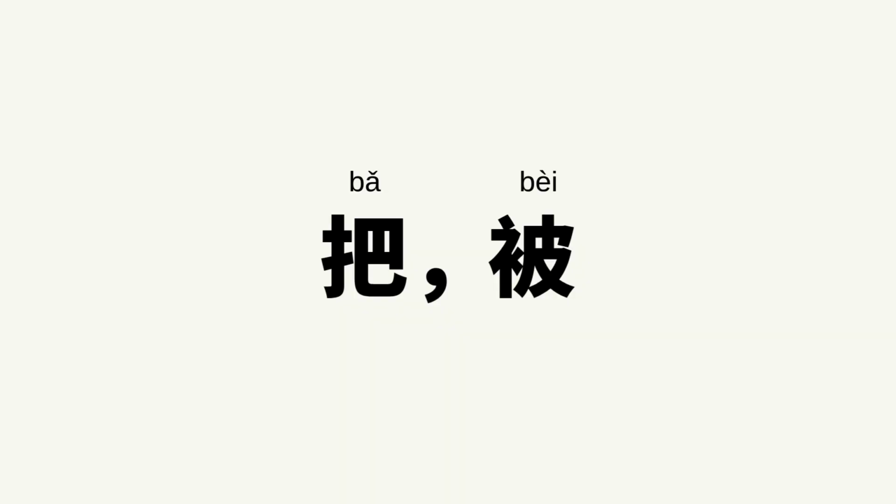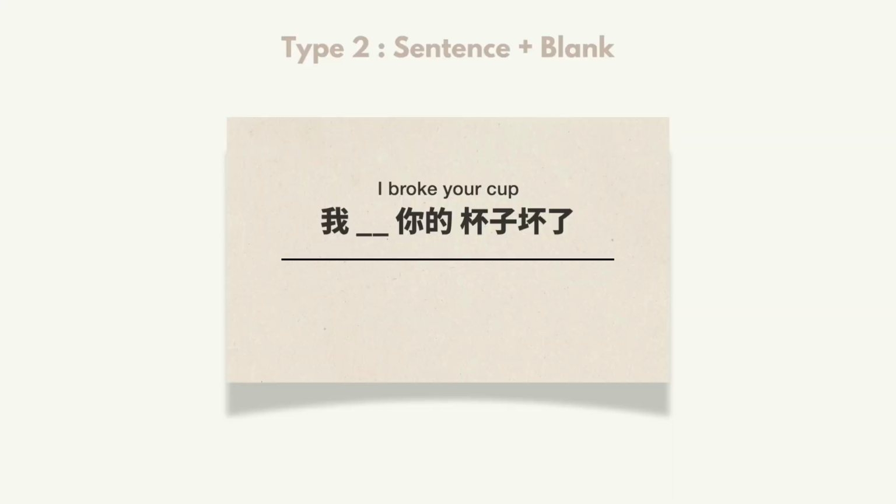For example, in Chinese, the particles ba and bei, they're not really a translation, or at least I don't know it, but when learning it, you can create a sentence and blank the part for ba and remember that in those types of sentences, you're gonna use ba or bei. For example, 我你的杯子坏了, and the other side, ba, 我把你的杯子坏了.